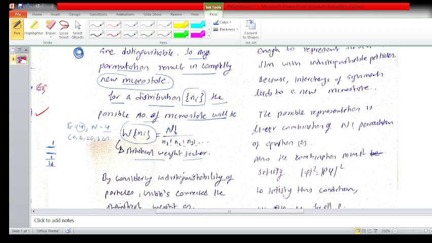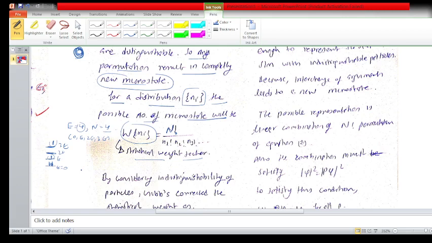These 2 particles have no energy, which means E equal to 0 here. So the total energy will become 4E. This is one possible state for this particular system.